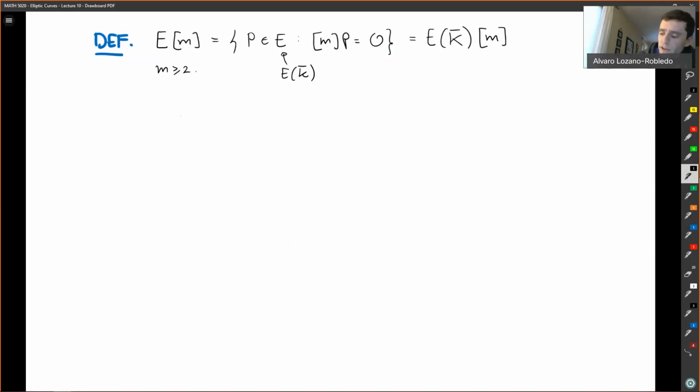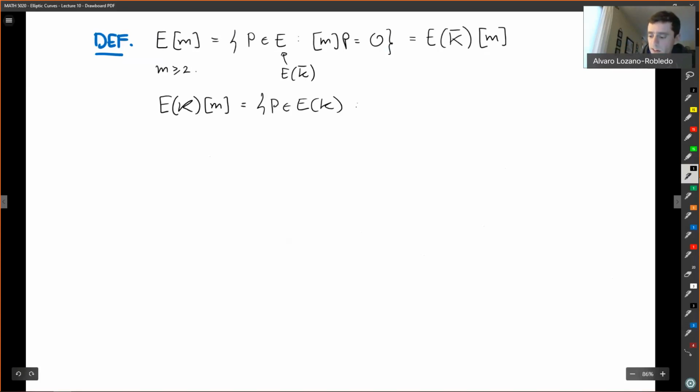We can also define E(K)[M], those points that are defined over the base field such that multiplication by M gives me O. And this is contained in the M torsion, but it's not necessarily the same. In most cases, it is much smaller.